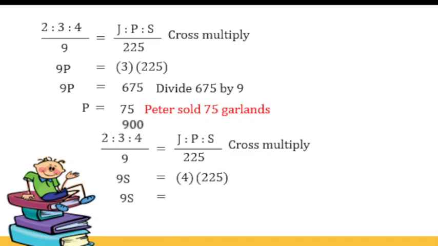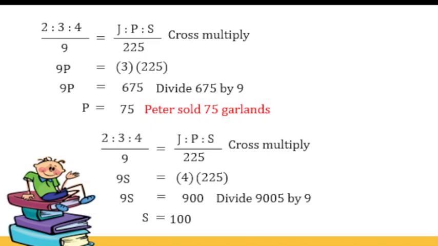Divide 900 by 9. This is not 9,000, but this is 900. Again, divide 900 by 9. So the result is equal to 100. Simon sold 100.